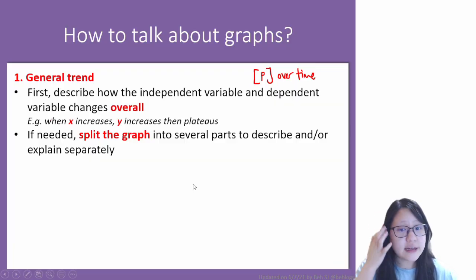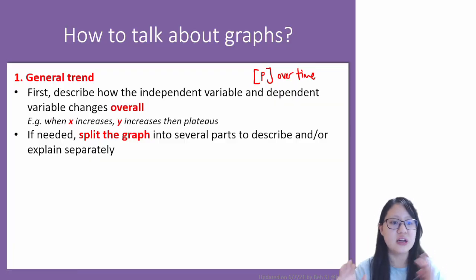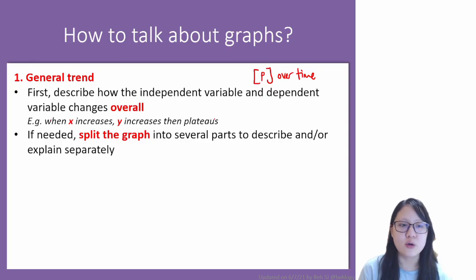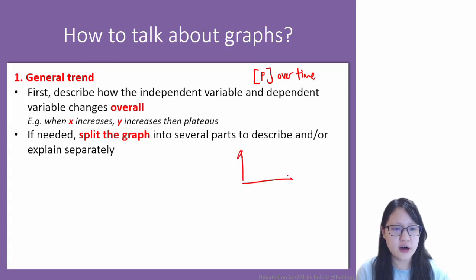Now, if needed, split the graph into several parts in order to describe and or explain separately, depending on what the question wants. So for example, just now we said product concentration over time, right?